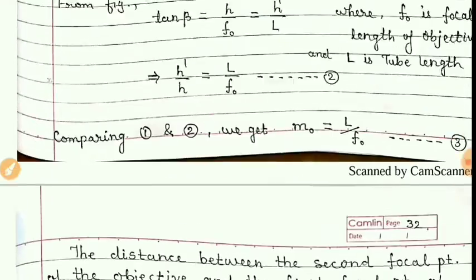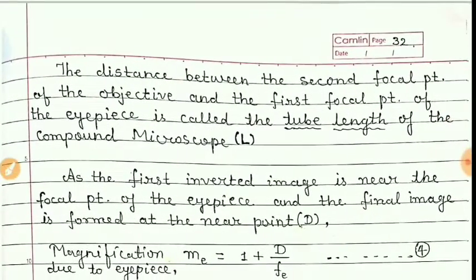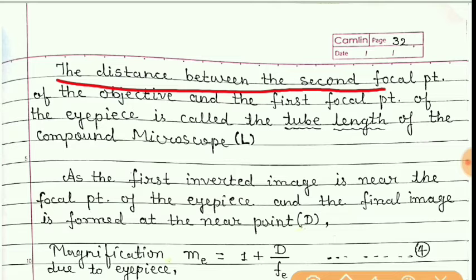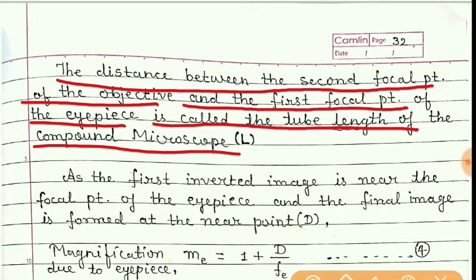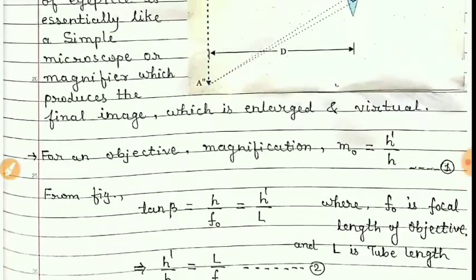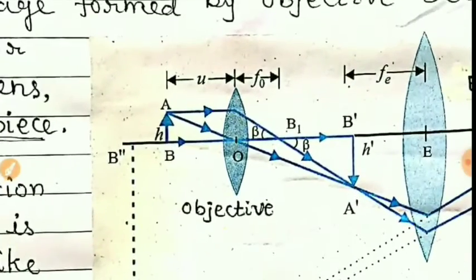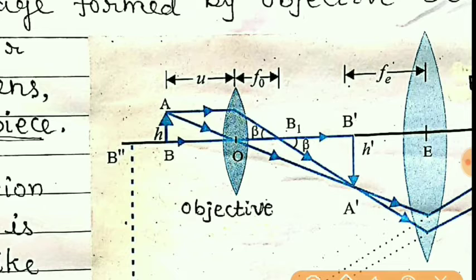Now students, I have defined tube length here. The distance between the second focal point of the objective and the first focal point of the eyepiece is called the tube length of the compound microscope. We know that for any lens, focus is on both sides.